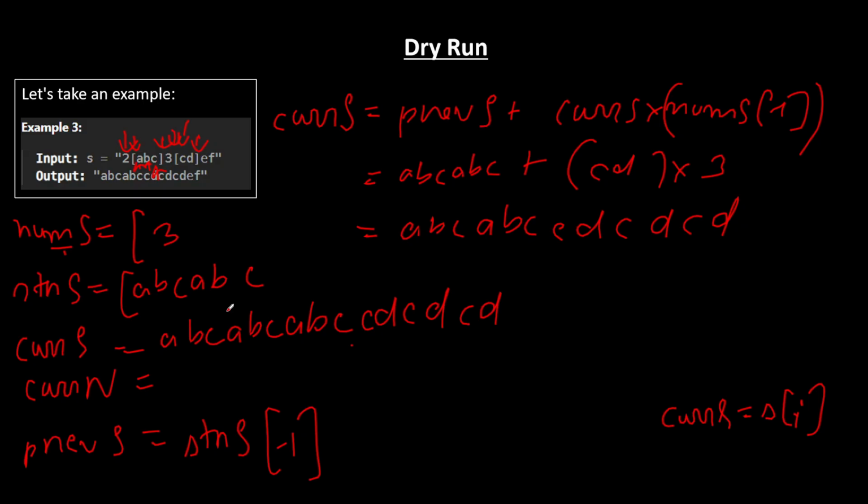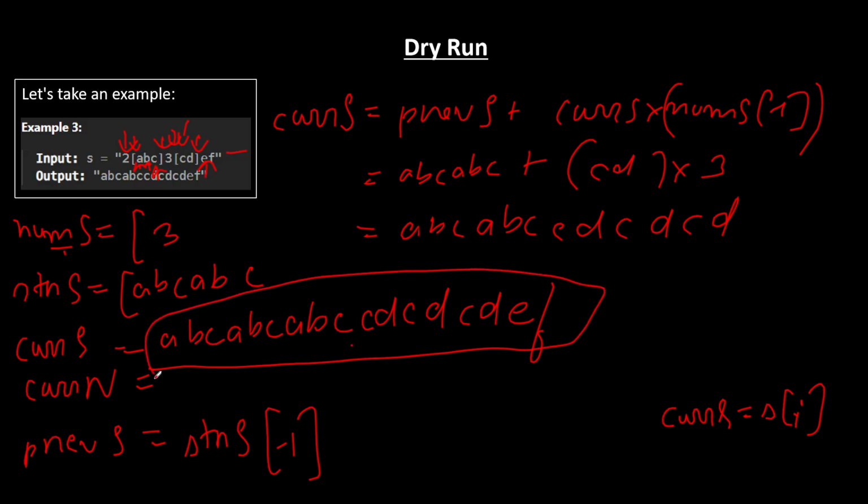Then after that we iterate, we got E. E gets attached here, F gets attached here, and iteration is complete. So at the end we return the current string itself. I have written ABC mistakenly 3 times here.